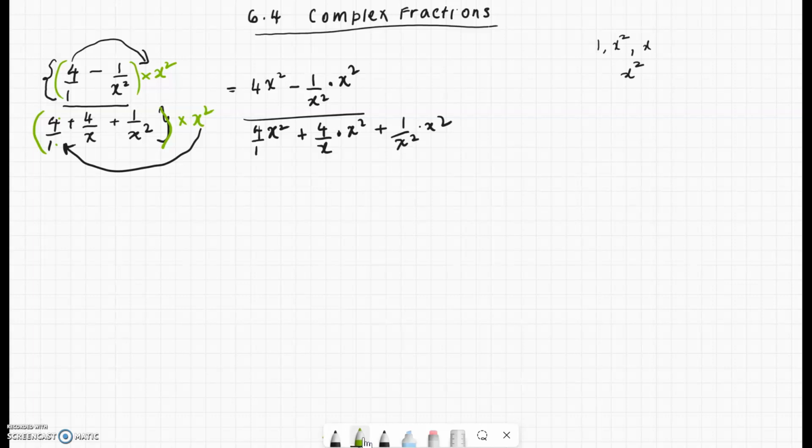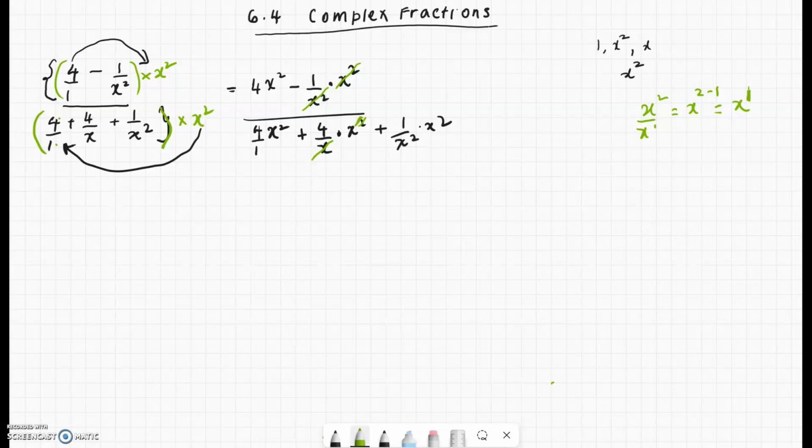So now simplify. All the denominators are going to get cancelled. So there's 1x here, there are 2 here. One of them gets cancelled because it's x squared over x to the 1 is x to the 2 minus 1, rule of exponents, to the 1.